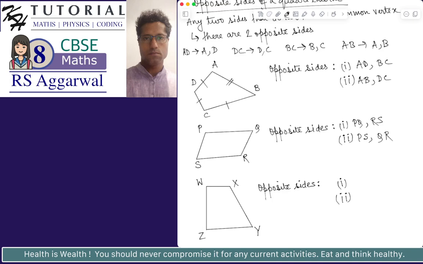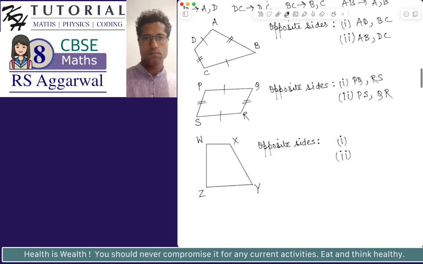Let me use some symbols. Now in the first quadrilateral, I have given single stroke to the sides AD and BC to mean that the sides AD and BC is a pair of opposite sides. Similarly, I have marked two strokes on the sides AB and DC to mean that the sides AB and DC is a pair of opposite sides. Okay. So we have this and we have this.